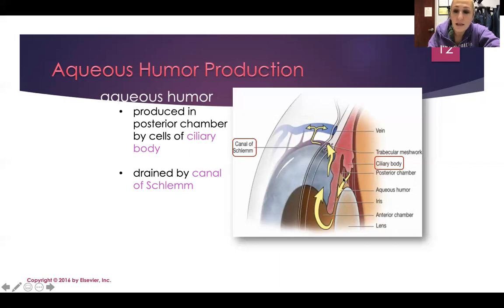So it's constantly being made by the ciliary body, constantly flowing forward into that anterior chamber, but then it's drained by the canal of Schlemm. I like to make everybody say canal of Schlemm because it sounds gross and you'll remember it that way. So that's where that aqueous fluid gets drained.